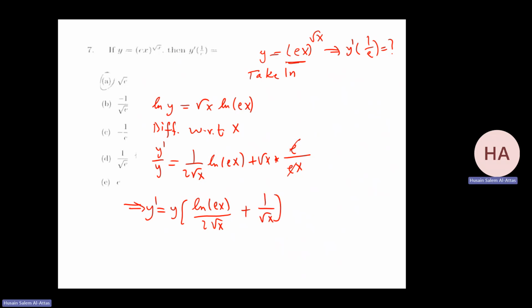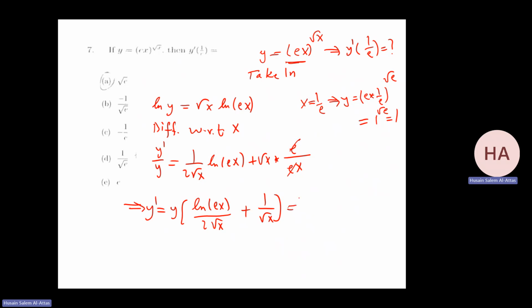Okay, I can substitute. Now, if x equals 1 over e, what will be y? Y will be e times 1 over e to the power square root of 1 over e. This is 1 to the power anything, that will be 1. So y equals 1. So plug the numbers here.